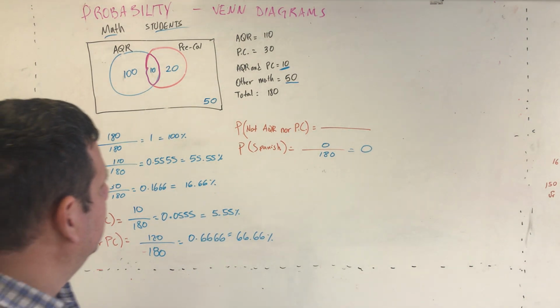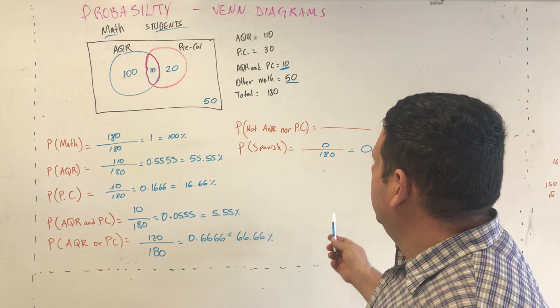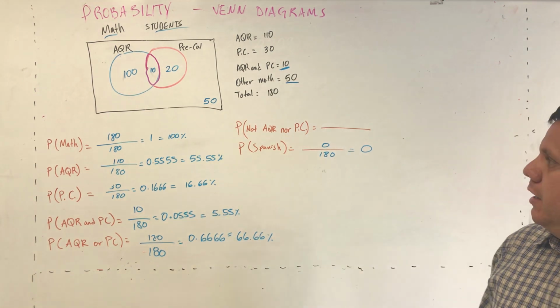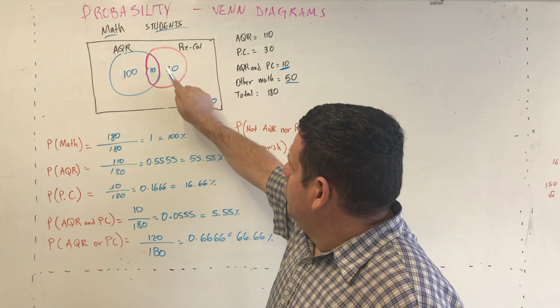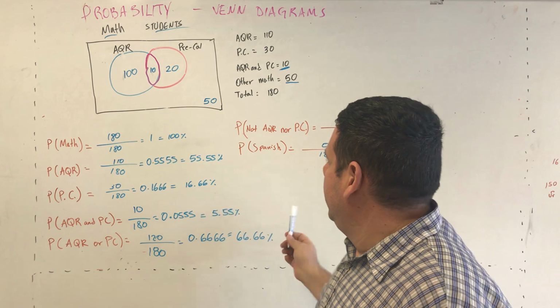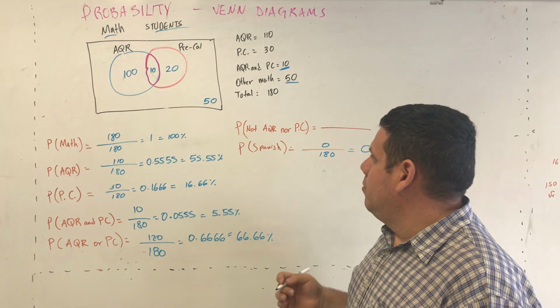All right, now the next one, neither AQR nor precalculus. Okay, so I have students taking AQR, precalculus, and the two courses at the same time. So how many students are not taking AQR and are not taking precalculus?